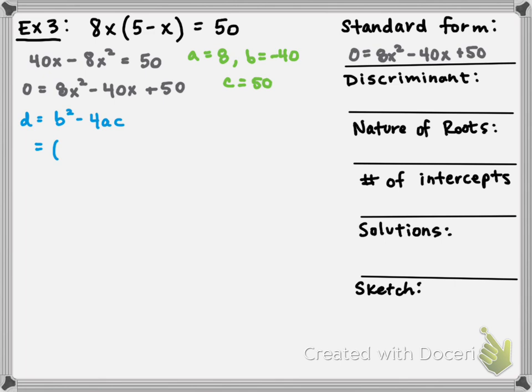You're dealing with negative 40 squared minus 4 times 8 times 50, which equals, well, 40 squared, well, it's 4 times 4 times 100, so that's 1600. And then minus, well, 4 times 8 is 32. 32 50s make 1600.